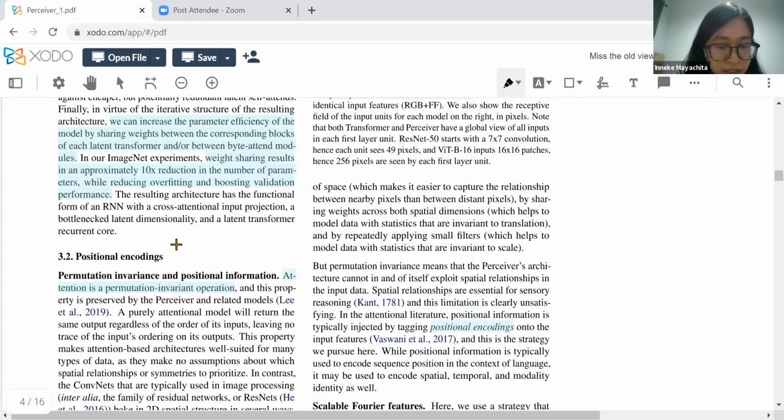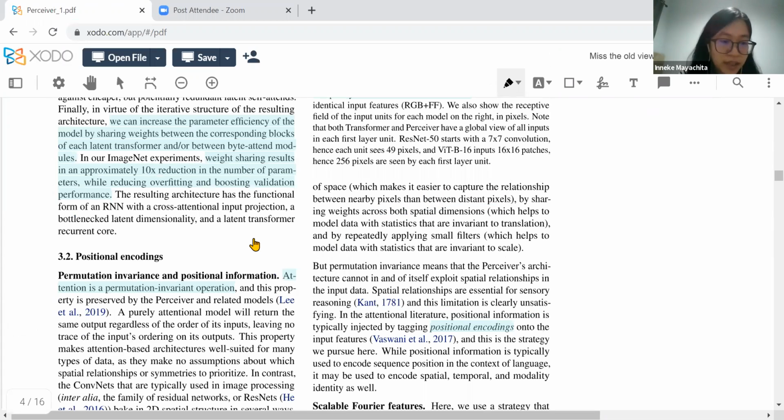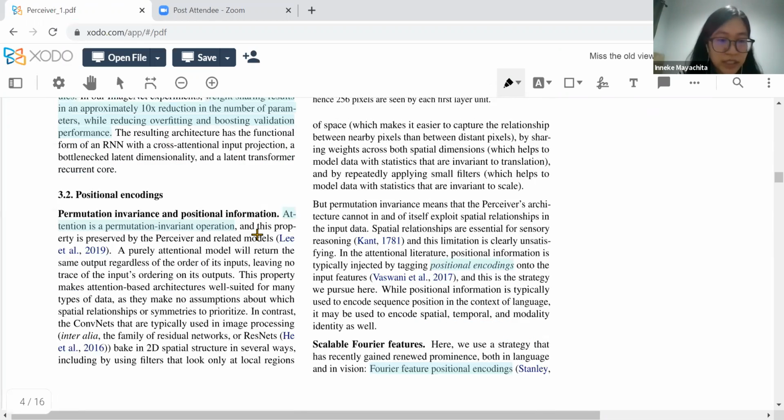Basically this part is saying that because the transformer is permutation invariant, which means that if we randomly shuffle the sequence, for example the words within a sentence, basically the output of this attention will be the same because we lost the order of the words.